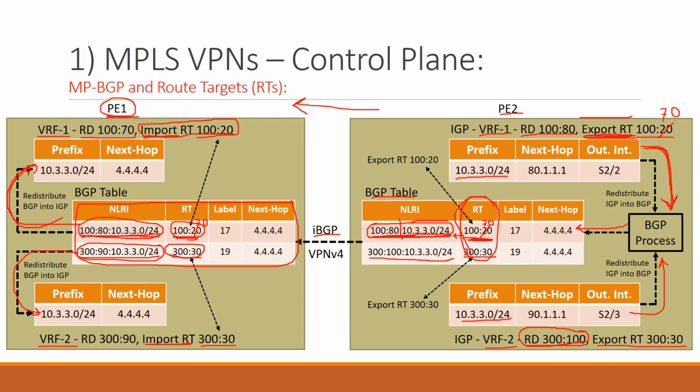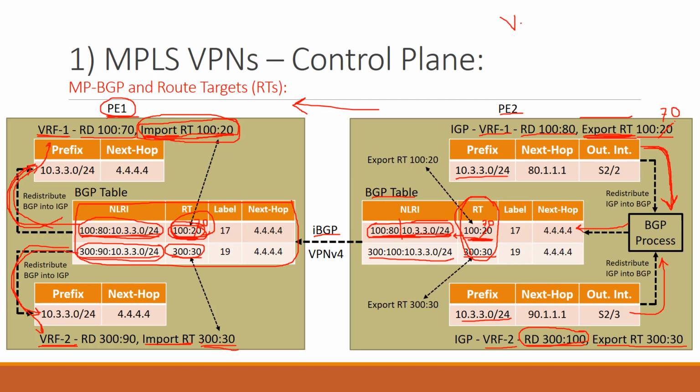It will check the import route targets on each VRF. Which one should I redistribute this prefix into? No, the import route target here is 100:20. And for VRF2, the import route target is 330, not the same. So this prefix will be redistributed into neither VRF1 nor VRF2, only if this value matches one of the import route targets configured inside a VRF.